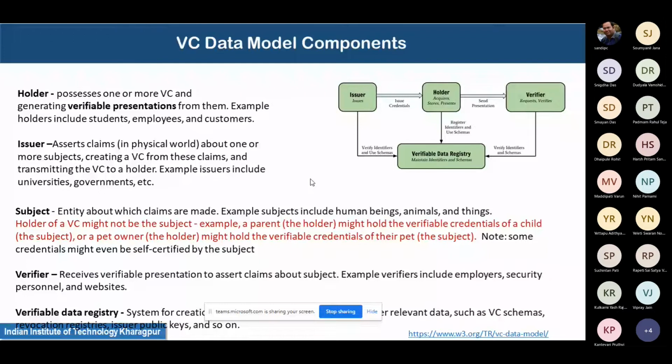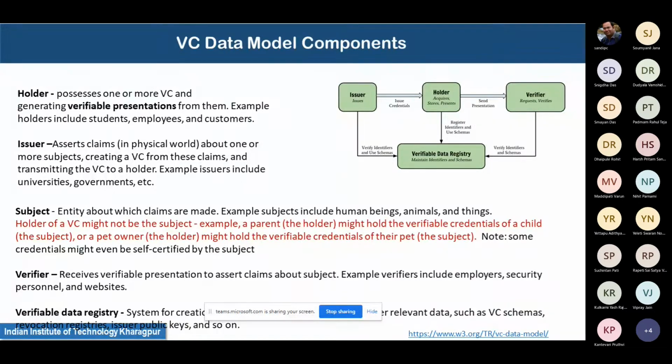Based on that, a VC can be created, and this VC, mind you, is transmitted to the holder. Remember, this verifiable data registry is not going to store these VCs. This point you should not misunderstand, because the VCs are not stored in a central location or even in a distributed or decentralized location, because that would be too many to store, and that is not the whole goal.